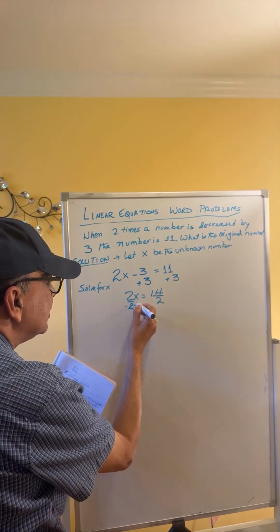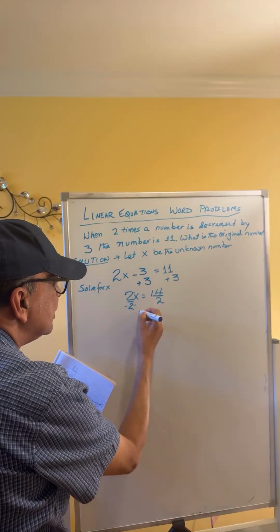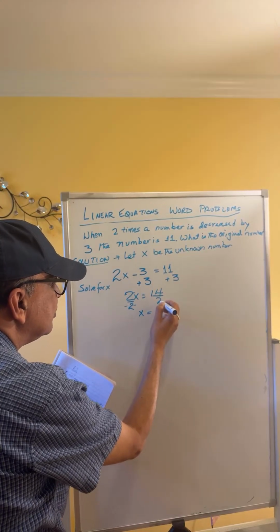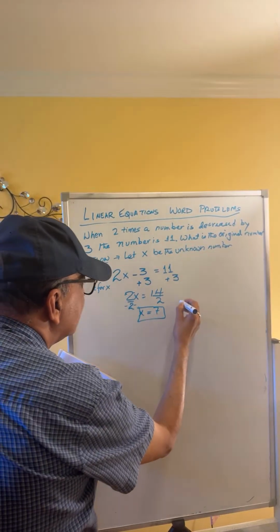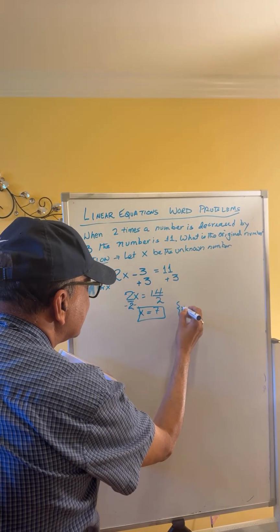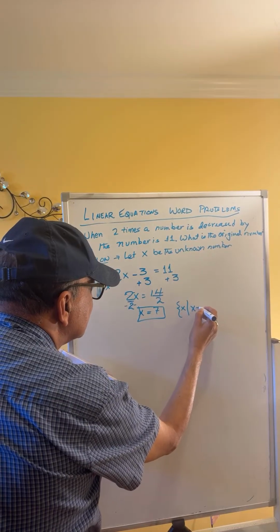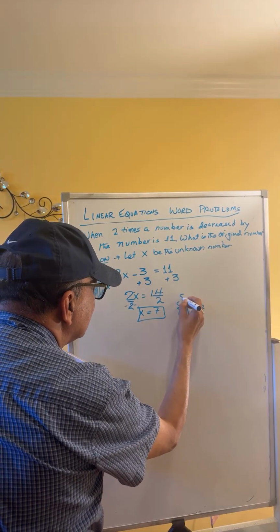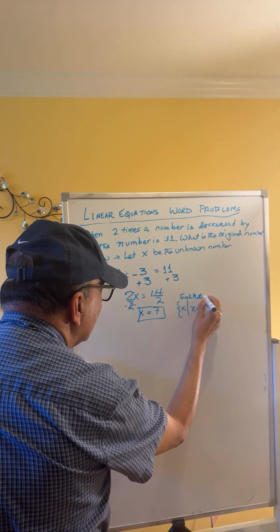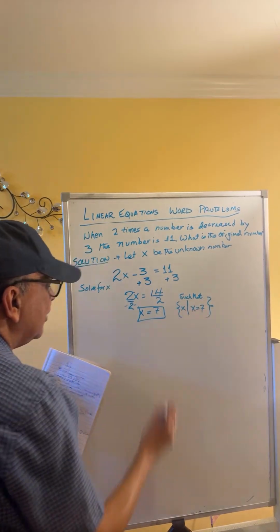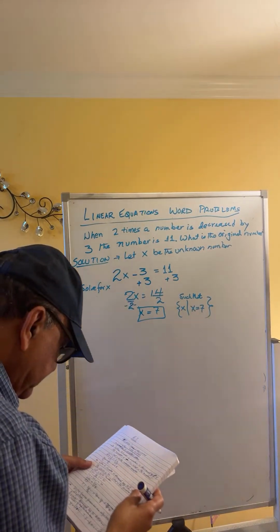And this 2 will cancel with this 2. And x is equal to, then 2 goes into 14 7 times. Or you might write it like this, x such that x is equal to 7. So again remember this vertical line is 'such that'. These two forms are identical.